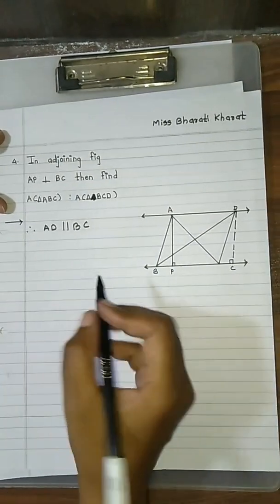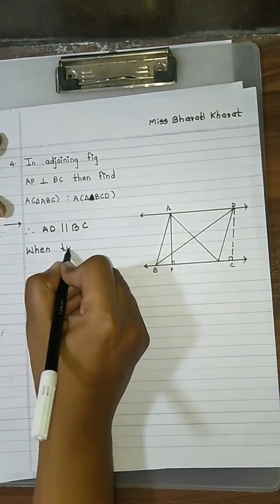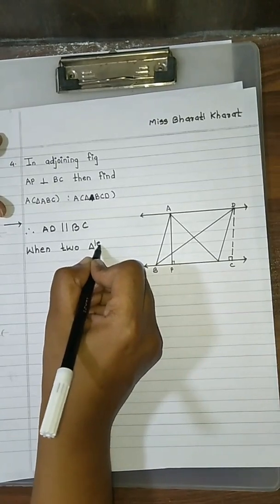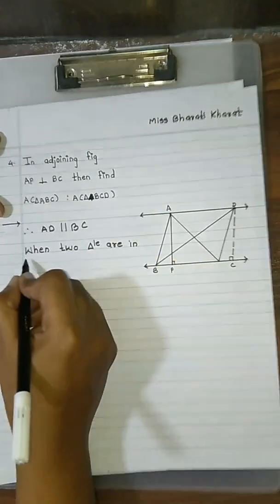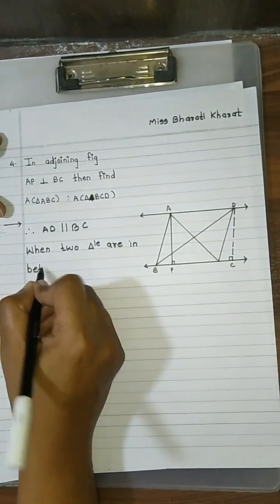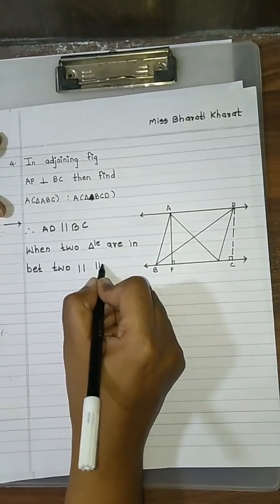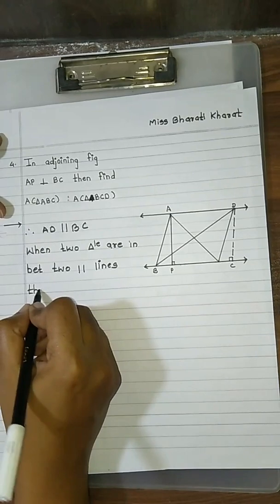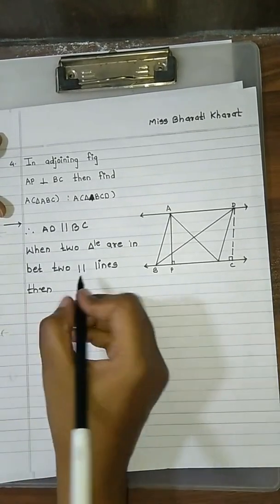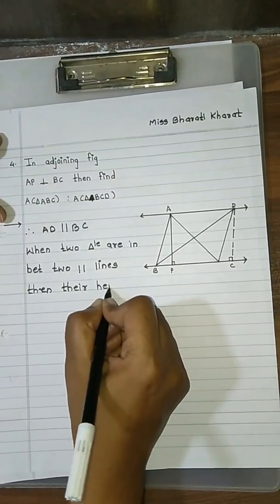You have also studied that when two triangles are in between two parallel lines, then their heights are same.